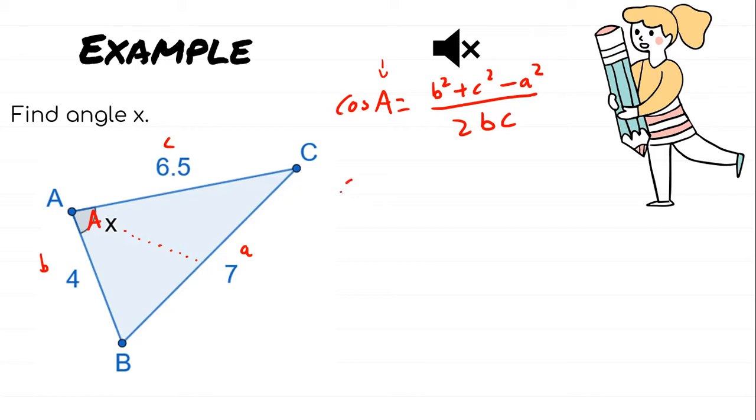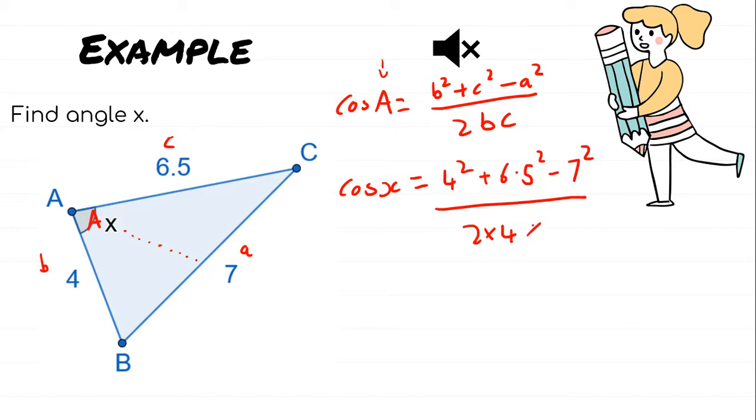So just to substitute that in, cos A would be cos x, b squared would be 4 squared. In the same way, this is going to be 6.5 squared, that's our c, minus a squared would be minus 7 squared, divided by 2 times b times c, so that's 2 times 4 times 6.5. And at this point, it is just a case of typing that into our calculator.